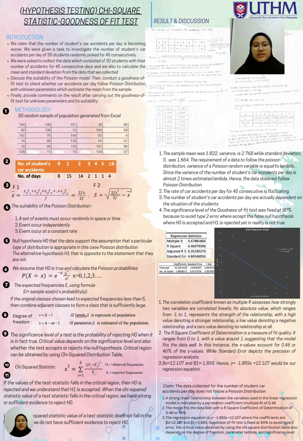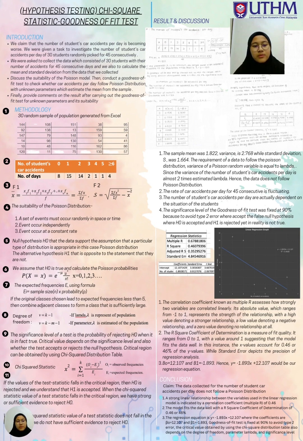In our case, the sample size is 45, and the probabilities are calculated by using Poisson probabilities, for each x equal to 0, 1, 2, 3, and greater or equal to 6. If the original classes chosen lead to an expected frequency less than 5, then we combine the adjacent classes to form a class that is sufficiently large.